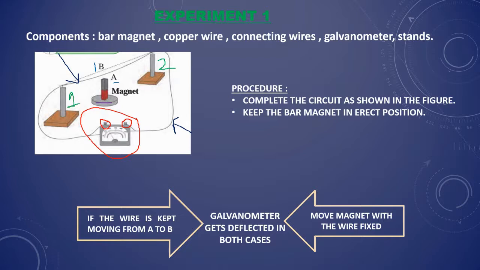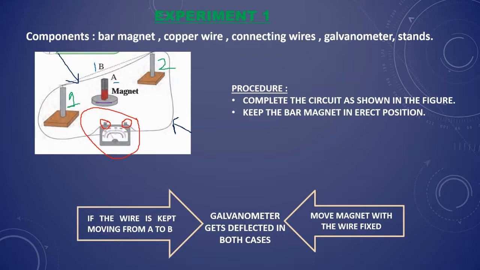So that means this galvanometer does the work of measuring current. Like in the last module we have seen that the galvanometer can measure even a small amount of current, like if the current is in the microamps, the galvanometer will detect it. So here also the galvanometer does the work of detecting the current passing through this copper wire.